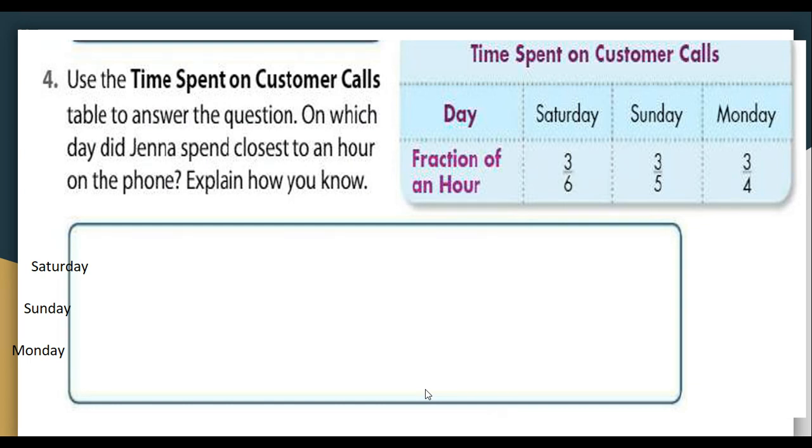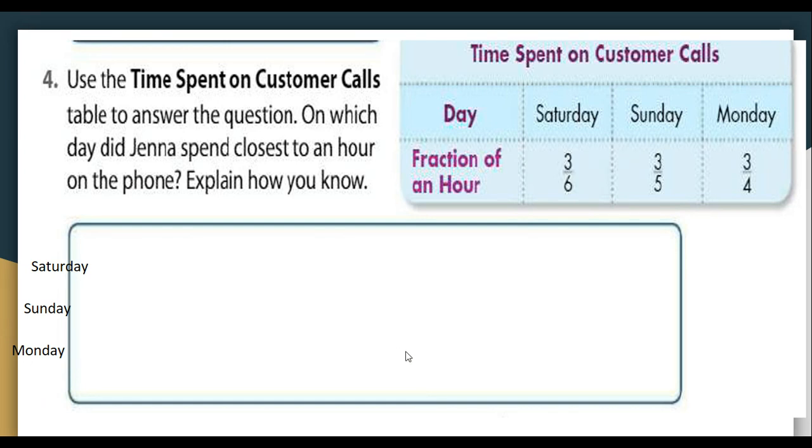Okay, so now we have a different chart, and this chart is the time spent on customer calls. It says use the time spent on customer calls table to answer the question. On which day did Jenna spend closest to an hour on the phone? Explain how you know. So there's two parts.